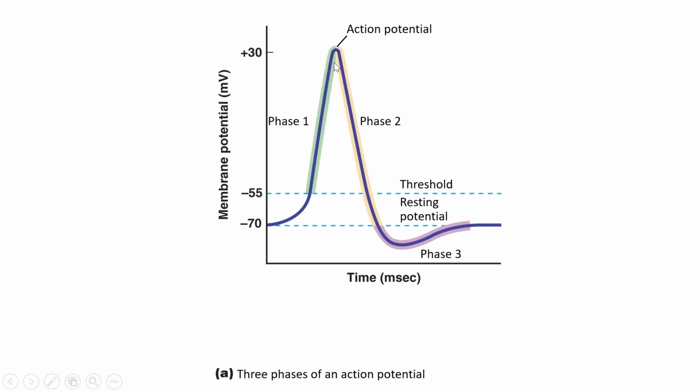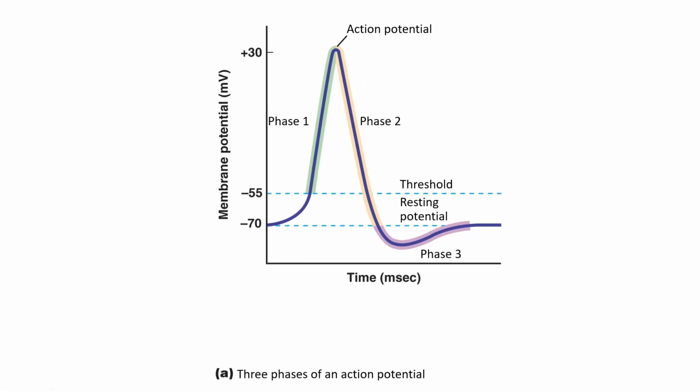This rapid influx of ions approaching +30 millivolts is responsible for the upstroke, or the main event, of the action potential. After that, we're going to try to approach our resting state once again, and so we repolarize the membrane by moving another ion, and that will bring us back down to our resting membrane potential.